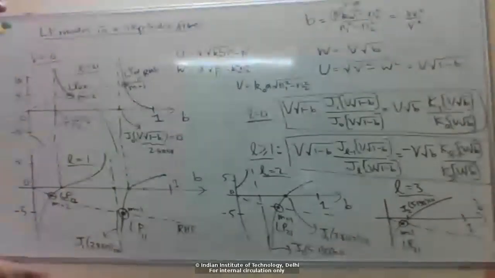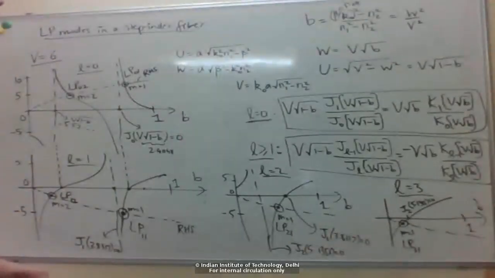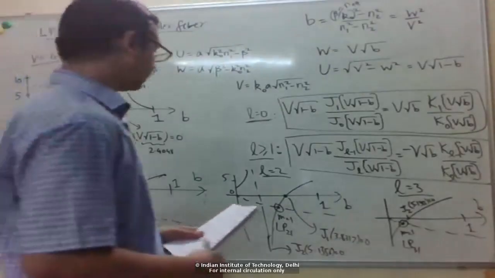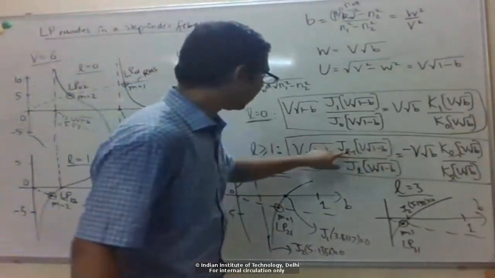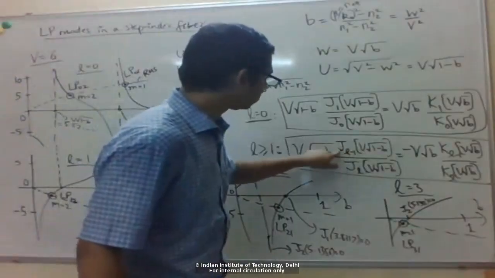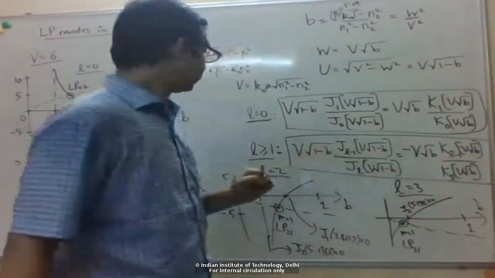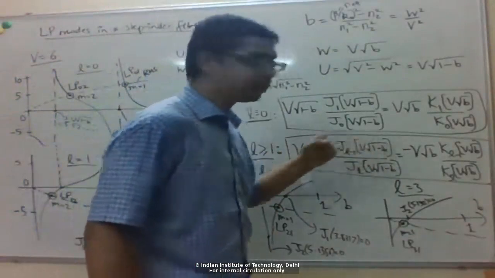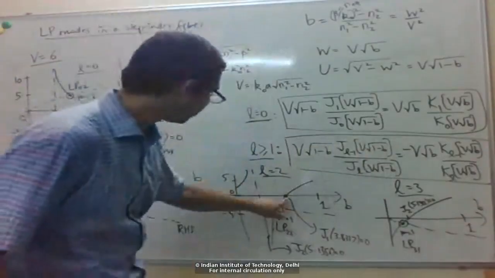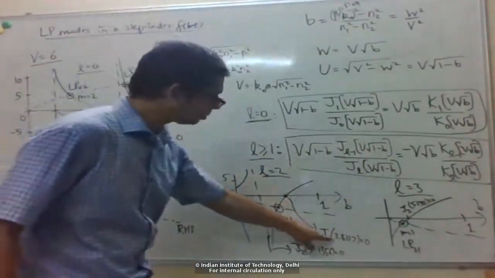L equal to 2. No, so for L equal to 2, recall we use this equation. So that's L minus 1 by L. So we have J1 by J2, right? So this will become 0 when J1, the numerator, becomes 0. So that's what's happening here, right?